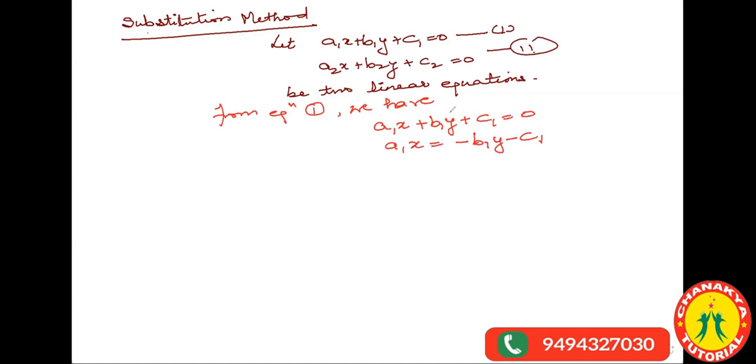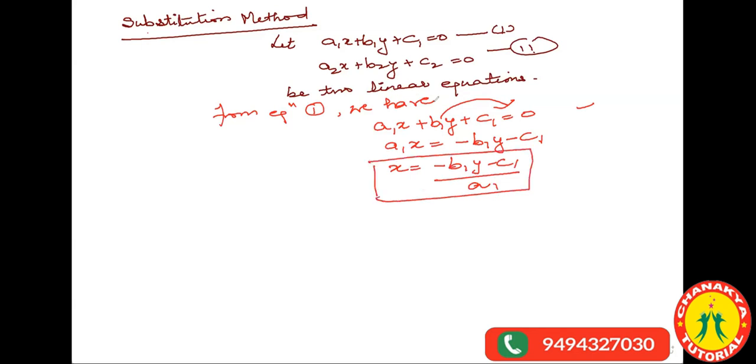May I write like this, beta? Yes, ma'am. Because I have transposed both the terms to the right hand side, and it will acquire a minus sign after shifting to the right hand side, right? So the value of x will be minus b1y minus c1 upon a1. So this is the value of x.